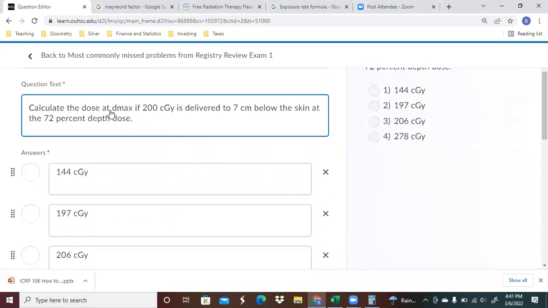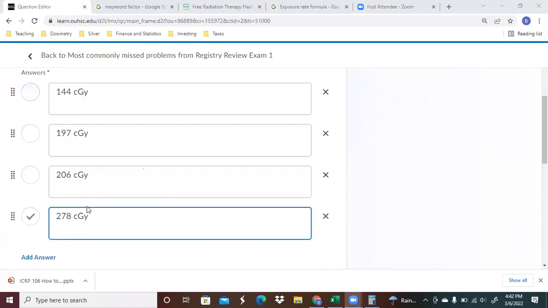Okay, calculate the dose at Dmax if 200 centigray is delivered to 7 cm below the skin at the 72% depth dose. So what do we come up with? Let's see. Oh, I'm sorry, that's my bad here. As you can see, the answer here is going to be 278.